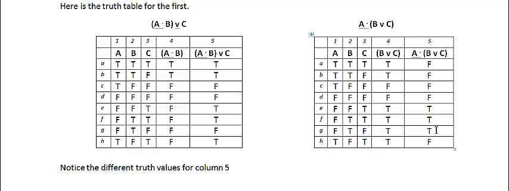Now the point that I want to make here is simply that when you look at the truth values of parentheses A dot B, close parentheses, or C versus A dot parentheses B or C, when you compare the 5th column, you'll notice that they are different. That's why you need parentheses, because no computer can tolerate ambiguity. Ambiguity is always fatal when you're reasoning.